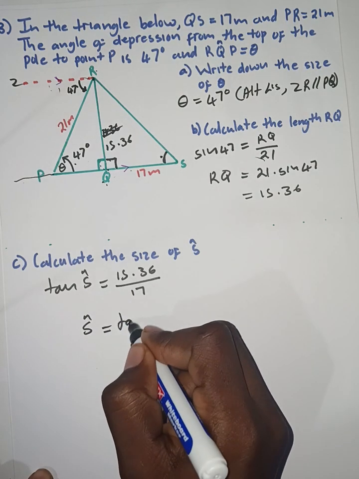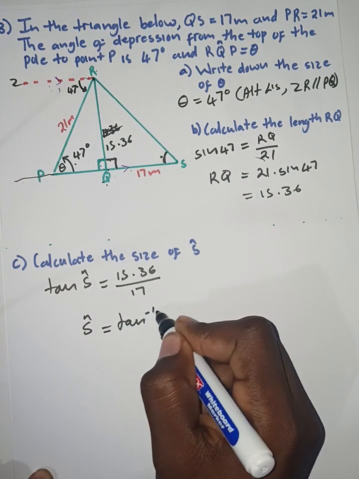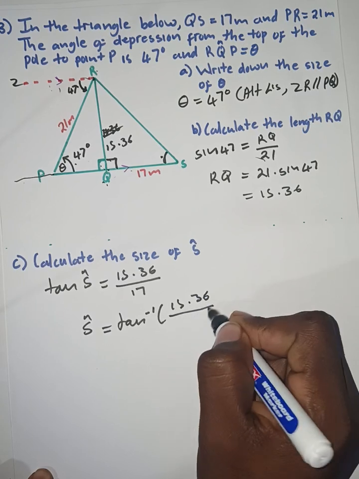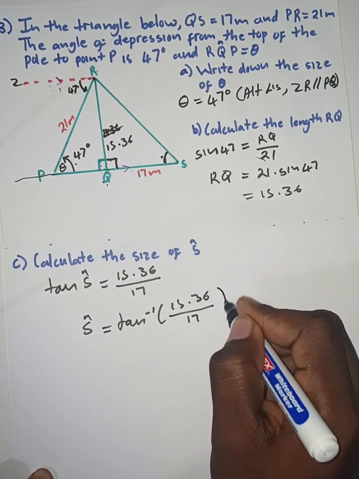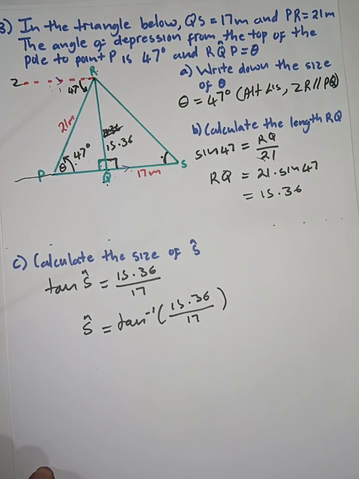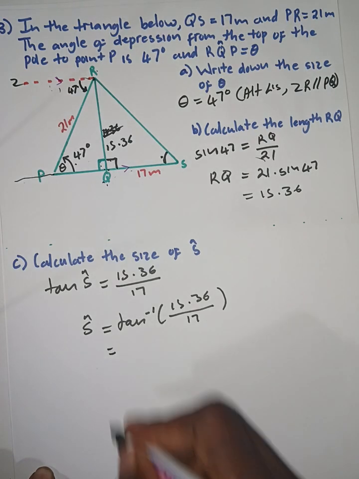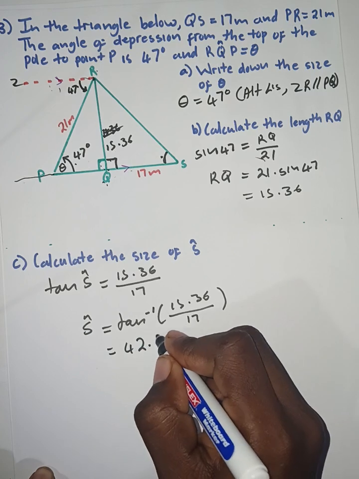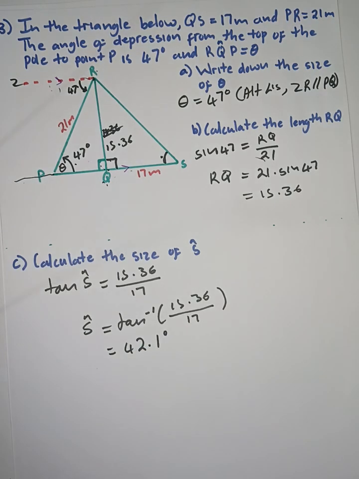So it would be arctan of 15.36 divided by 17, and what you get, if you round that off, would be 42.1 degrees there.